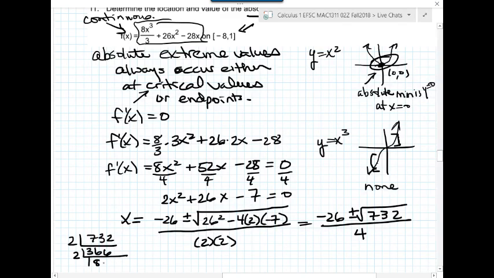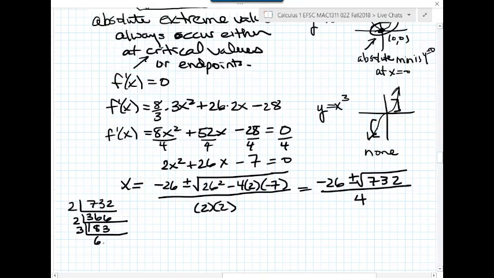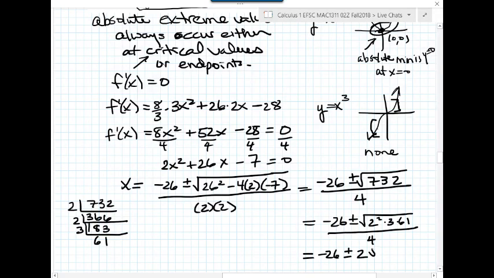We're going to have 26 squared minus (4 times 2 times negative 7), so we have 732 under the radical, which I do not believe is a perfect square. So that's negative 26 plus or minus the square root of 732 all over 4.